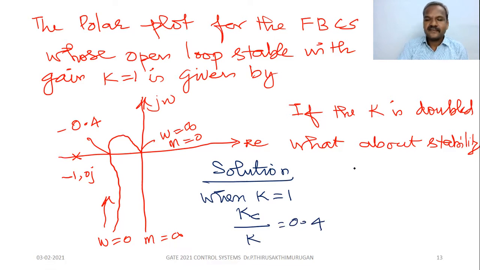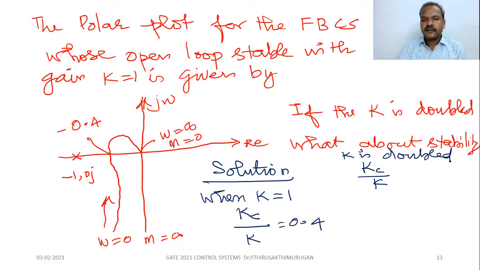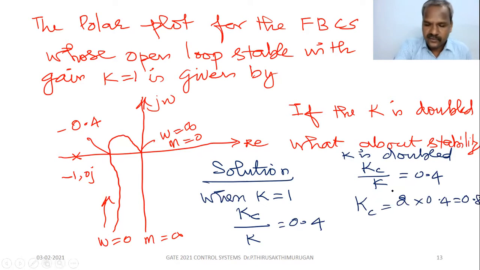When k is doubled, kc by k equal to 0.4, so then what happens if k is doubled? So kc equal to 2 times 0.4, which is equal to 0.8. So 0.8. So when k is doubled, what is the response?